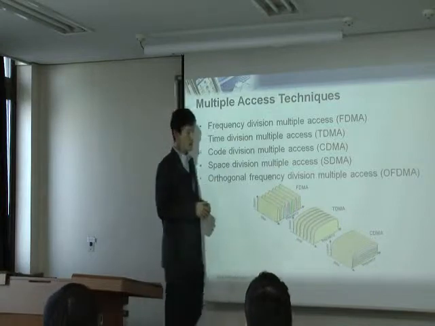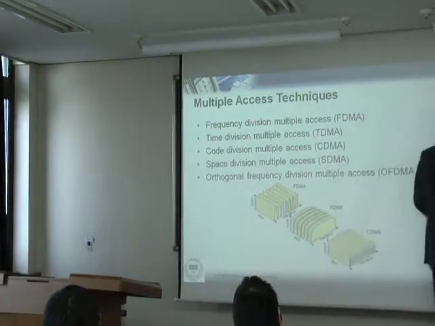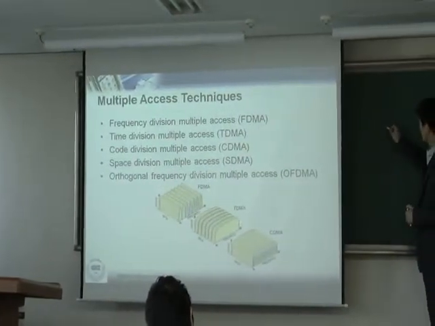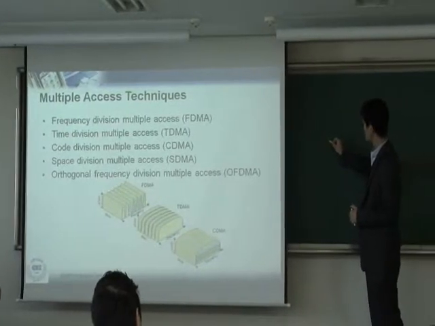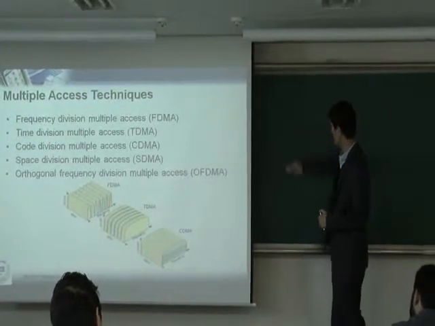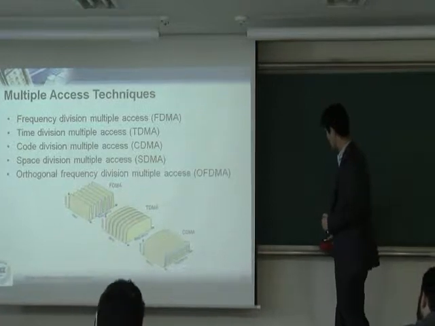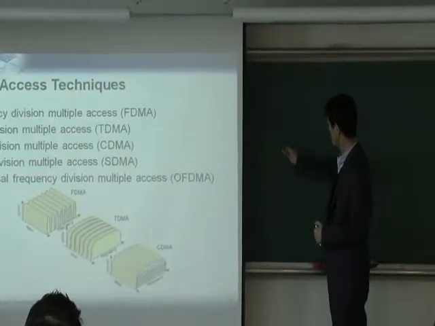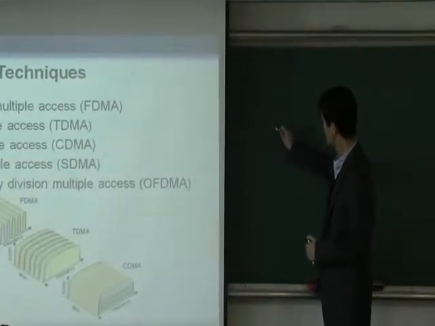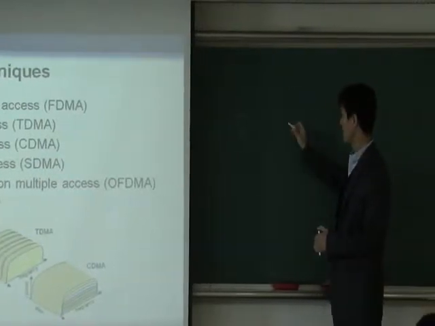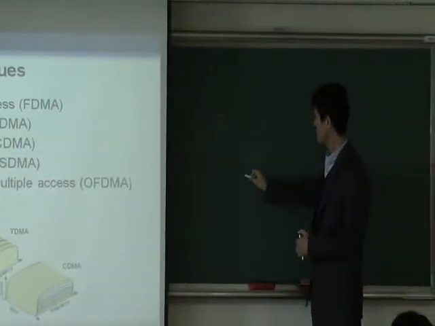Okay? Typically, what people say is that we have one transmitter. It doesn't have to be MIMO. Let's say that we have a base station here. Okay, we have a base station. And let's say we have many receivers, many users.